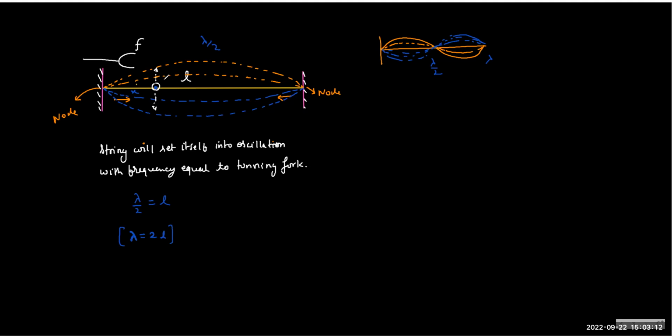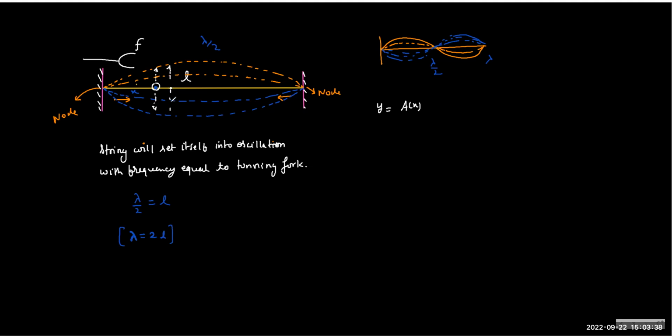Yes, sir. For this particle, if I write the equation of SHM for the particle at x, the equation will be some amplitude, and you can see the amplitude will be some function of x, because as you move towards the right, the particle next to it will have bigger amplitude, right?